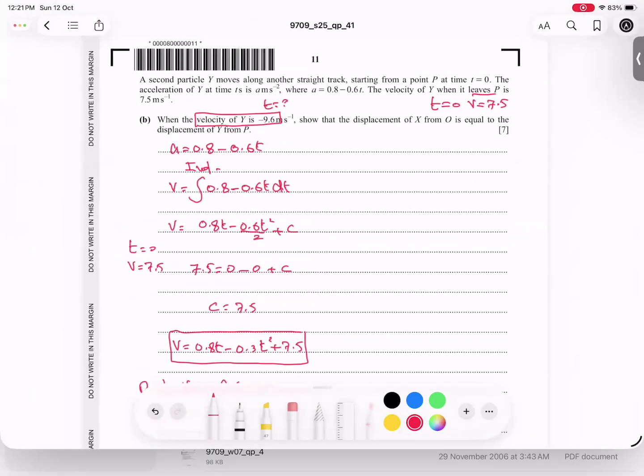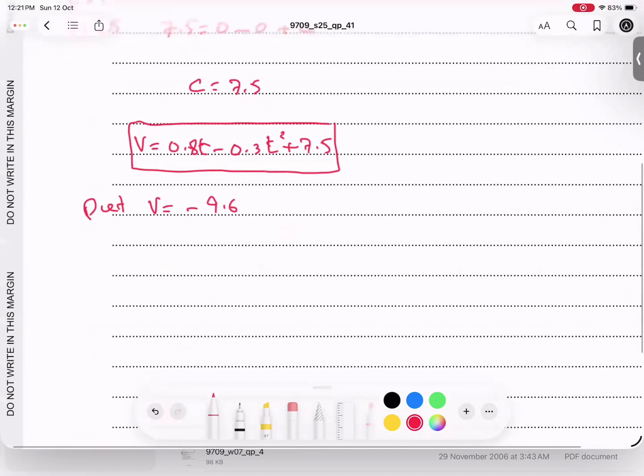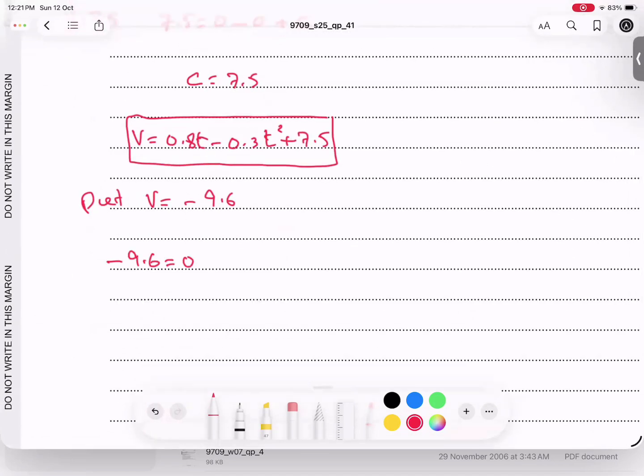Let me check again. Yeah. So I'm going to plug in negative 9.6 equals 0.8t minus 0.3t to power 2 plus 7.5. I bring all values to the left side and rearrange them. I'm getting 0.3t to power 2 minus 0.8t and 9.6 plus 7.5, I'm getting 17.1.